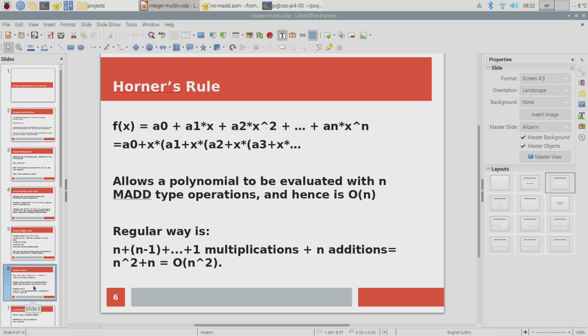Yeah, because then I don't have to recompute 3 squared, right? But if I were really stupid and didn't, then this would be O of n squared. So point being, Horner's rule can speed things up.